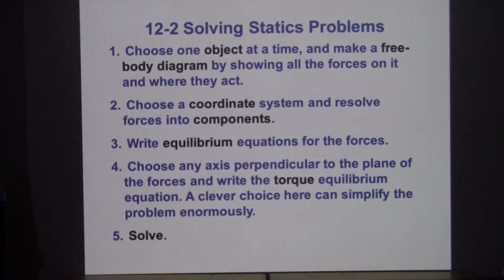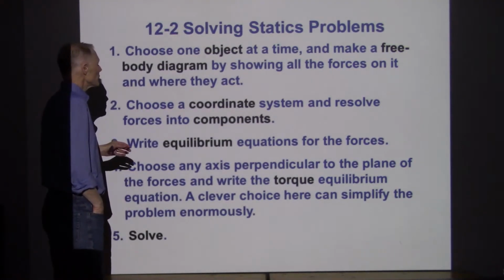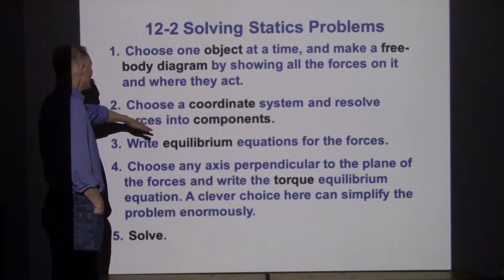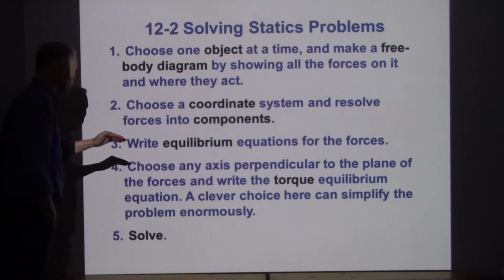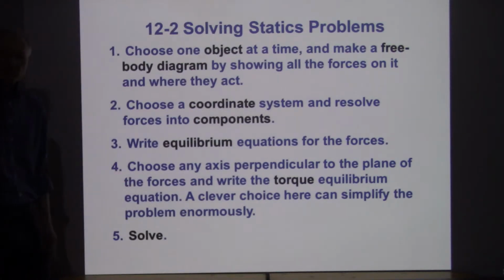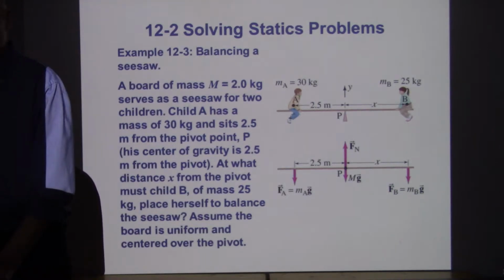We're not going to be dealing with accelerations when we're looking at these static equilibrium situations. Choose a coordinate system and resolve your forces into components. Write down the equilibrium of forces. Choose different locations for torque equations, and then solve. We'll see all of these come up. There they are. Sorry about that.